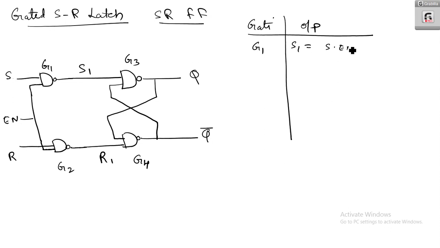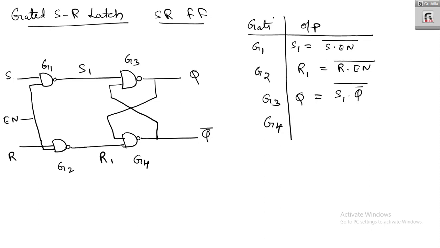For gate 2, the output is R1, and R1 is R dot enable, the whole bar. The output of G3 is Q, which is S1 dot Q bar, the whole bar. The output of gate 4 is Q bar, which is R1 dot Q, the whole bar.